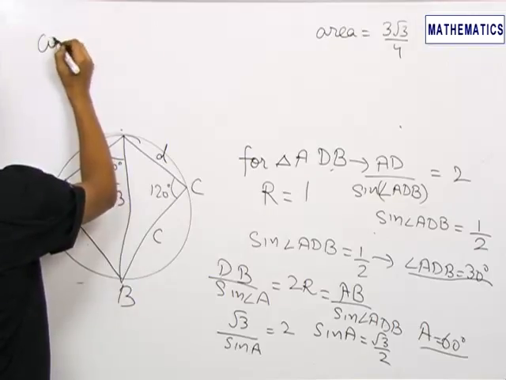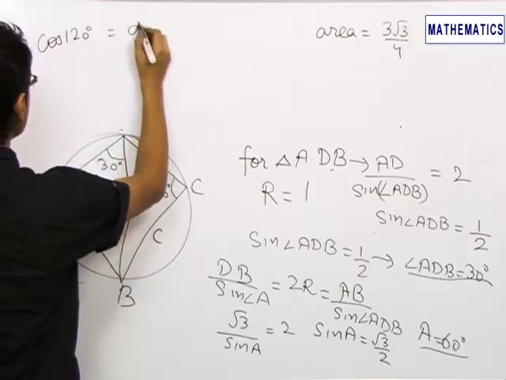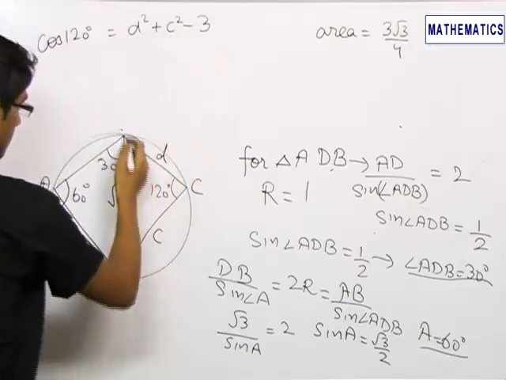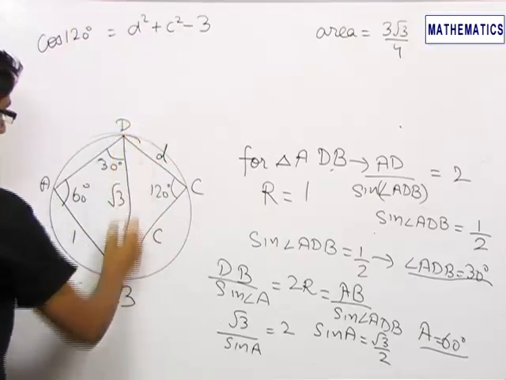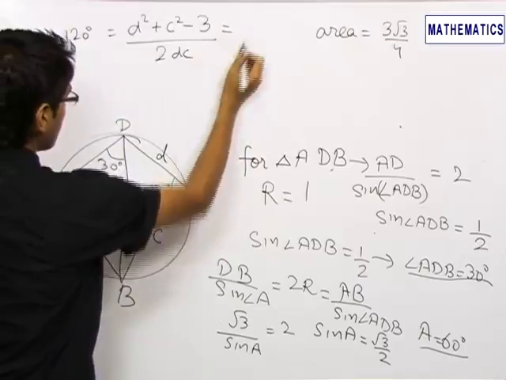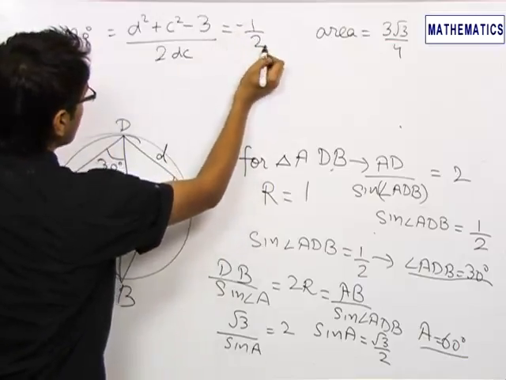So one of the relations which we can use is cos of 120 degrees equals d square plus c square minus DB square, which is 3, upon 2 dc, equals cos of angle C, which is equal to minus half.